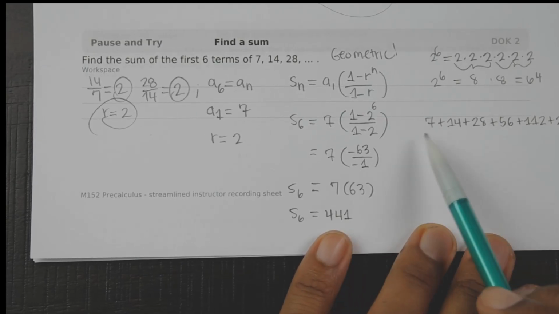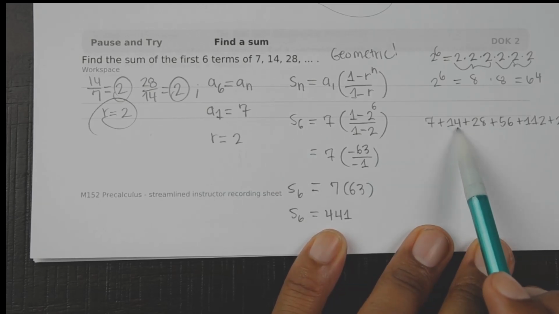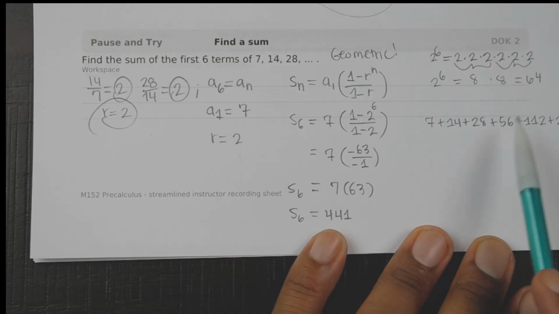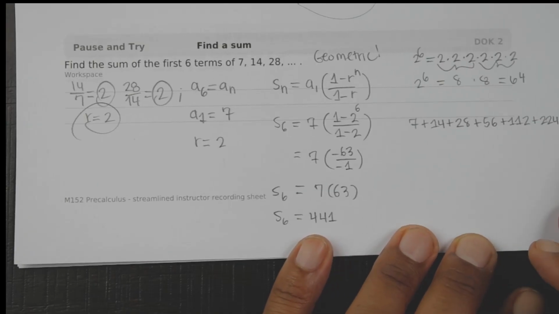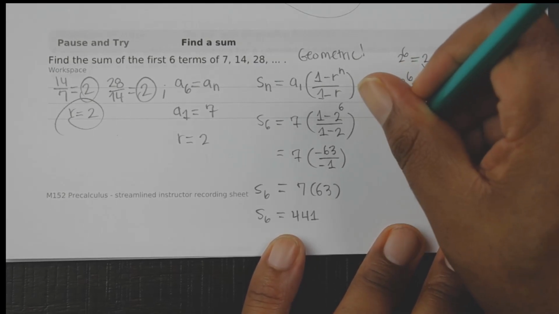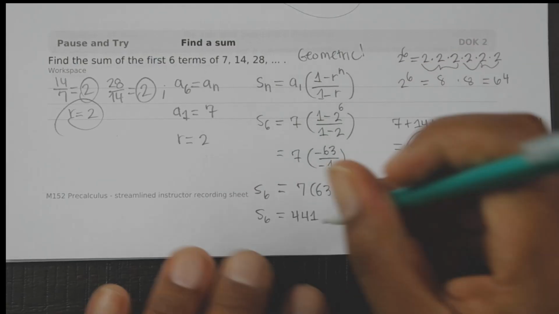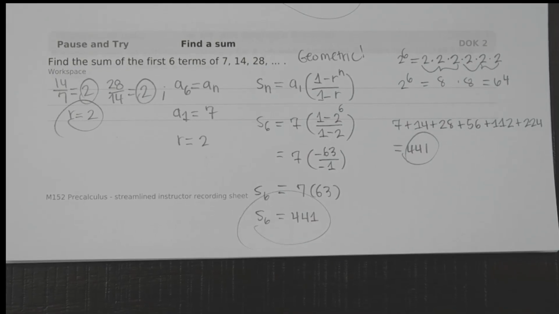Notice the ratio is 2, so it's just 7 times 2 would be 14. 14 times 2 is 28. 28 times 2 would be 56. 56 doubled is 112. 112 doubled is 224. Okay. And then if we added all those up, we would end up with 441. So just to show you that this rule or this system checks out.